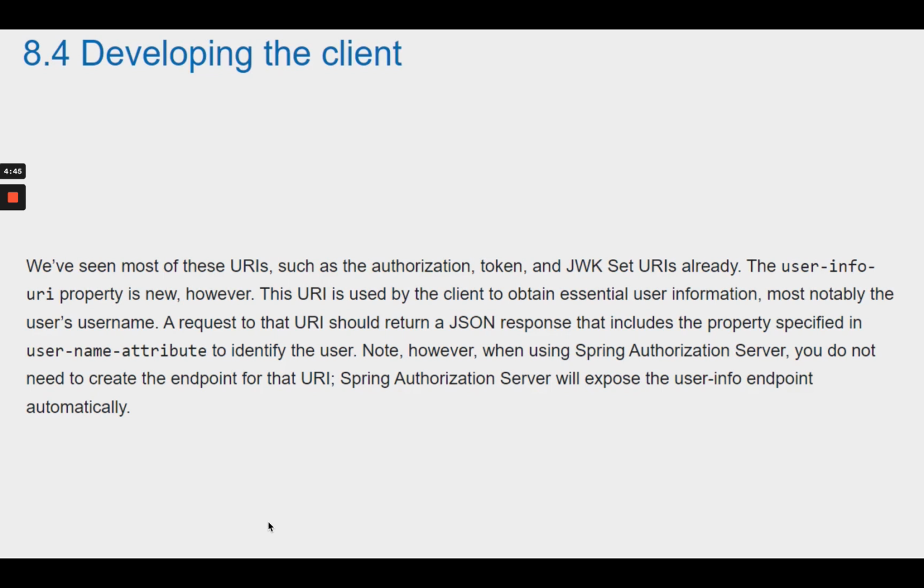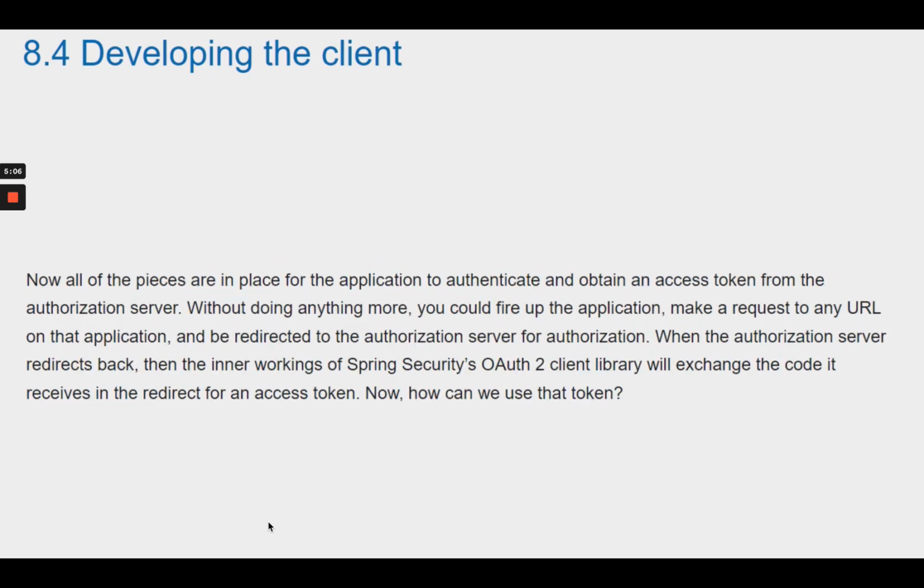A request to that URI should return a JSON response that includes the property specified in user-name-attribute to identify the user. Note, however, when using Spring Authorization Server, you do not need to create the endpoint for that URI. Spring Authorization Server will expose the user info endpoint automatically.